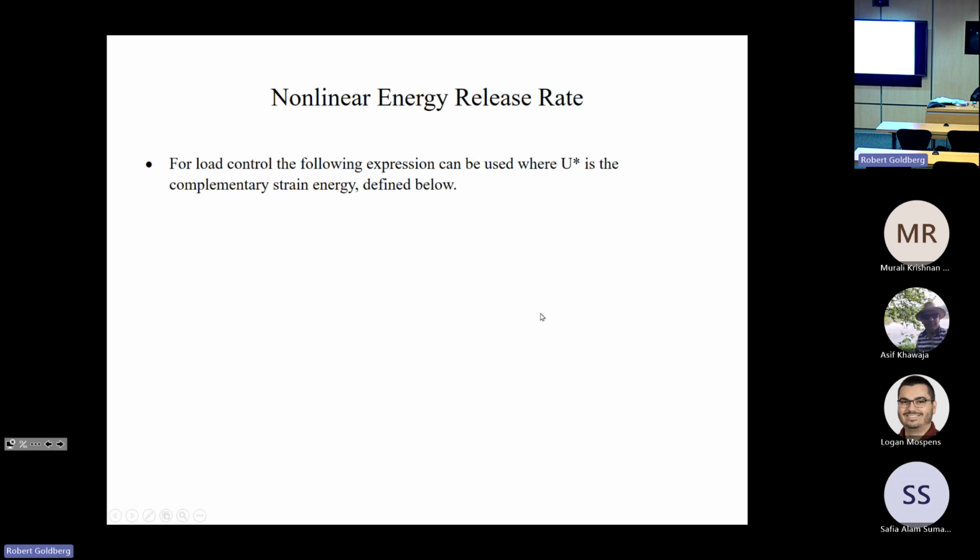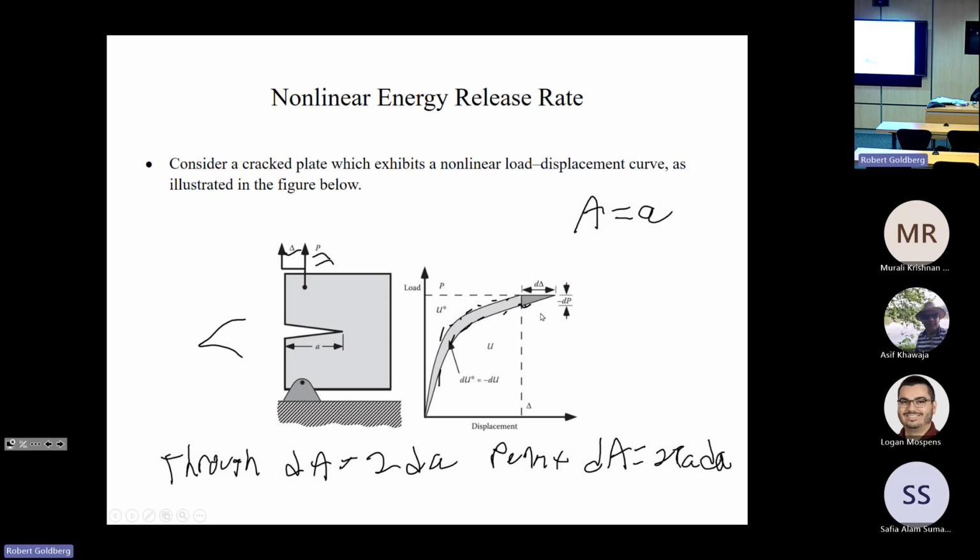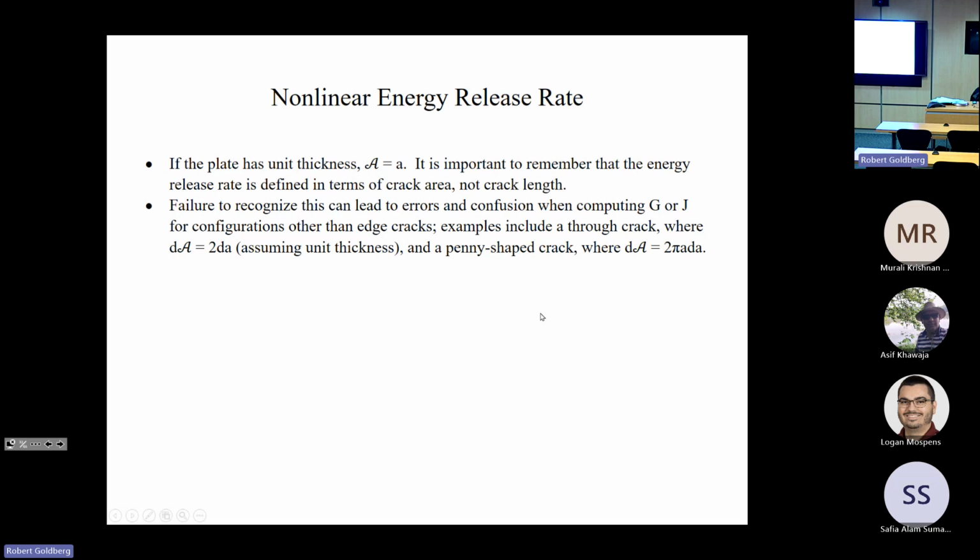So for load control, first we're going to look at the case of load control. So we go back to this figure, we're applying a defined load and letting the displacement do what it will.